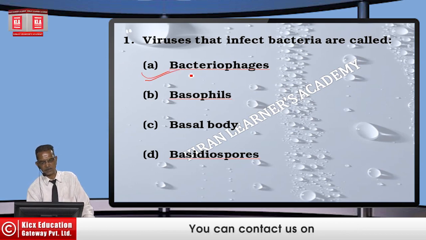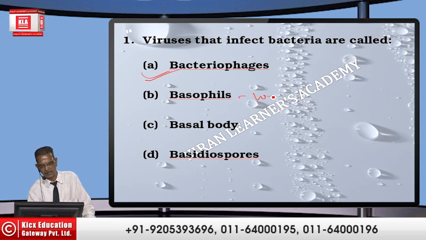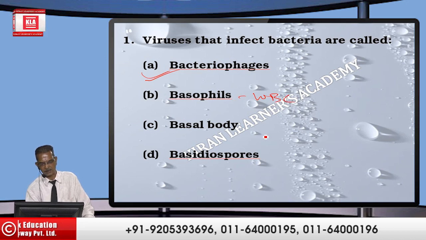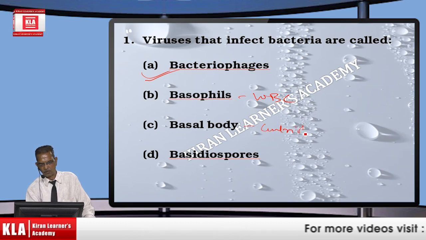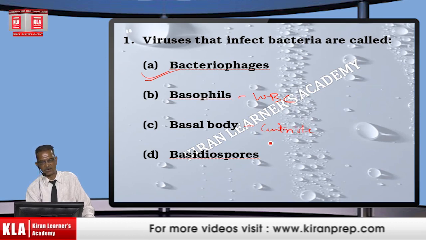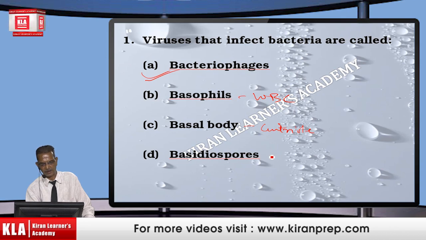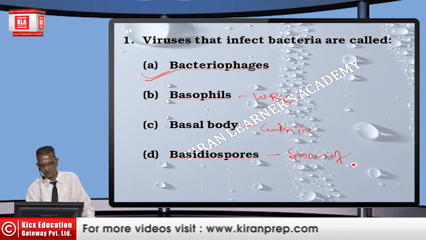Because basophils, they are a type of WBC, white blood cells. Basal bodies are the part of centriole, from where cilia and flagella originate. Basidiospores are the spores of fungus.